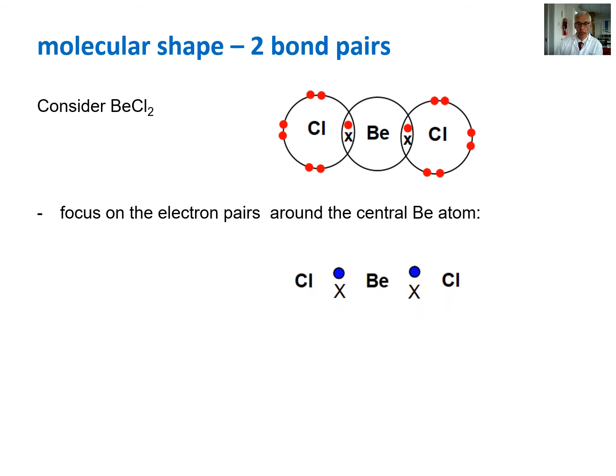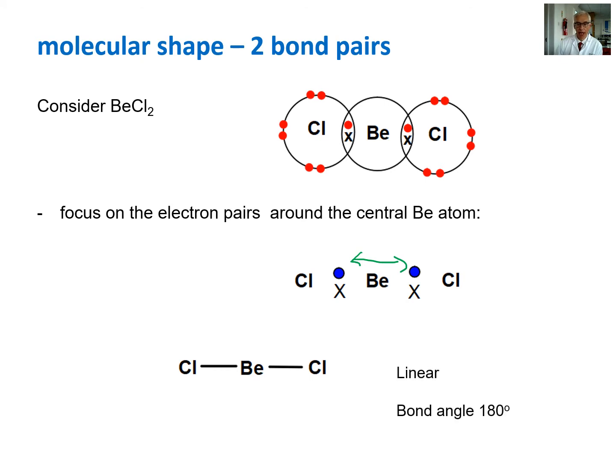And you can see that the two electron pairs, both bond pairs, we've got two, they're going to repel to get as far apart as possible. And that's going to result in an arrangement where the two chlorines are on opposite sides of the beryllium, and we would describe that arrangement as linear.